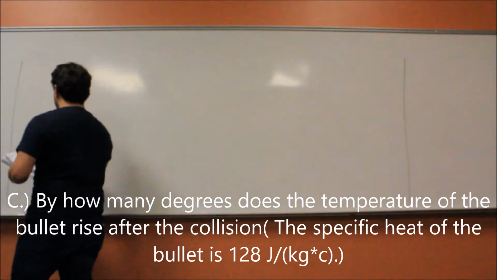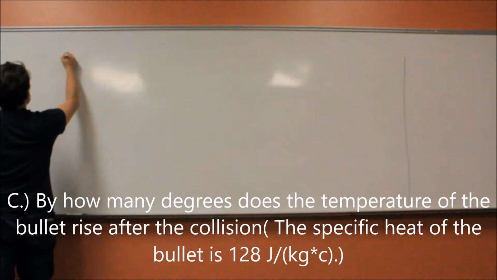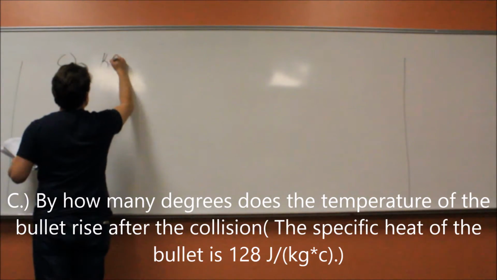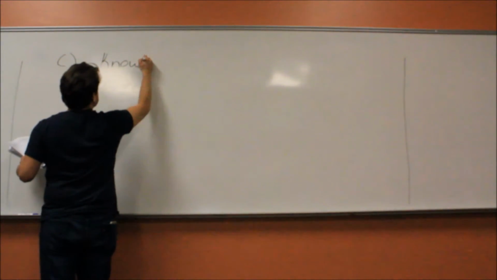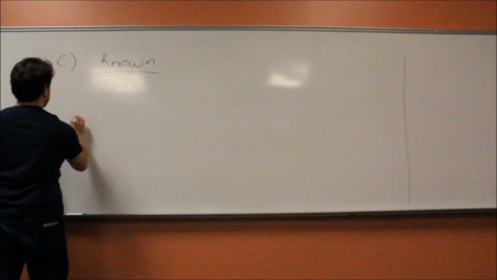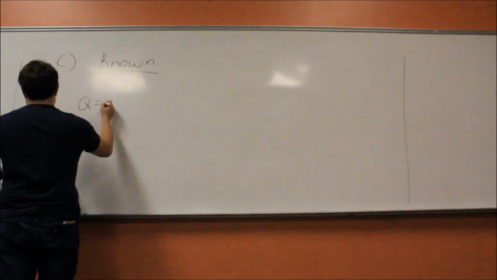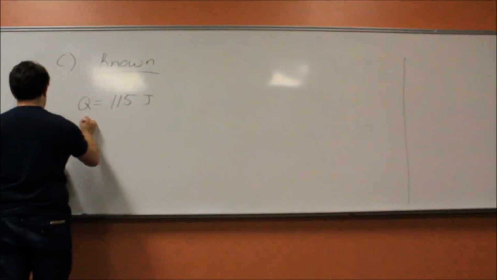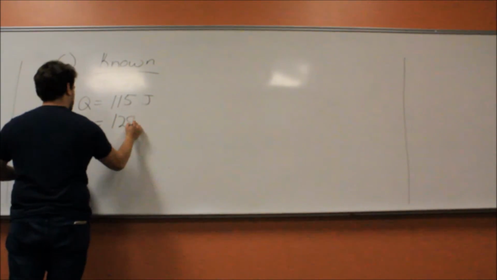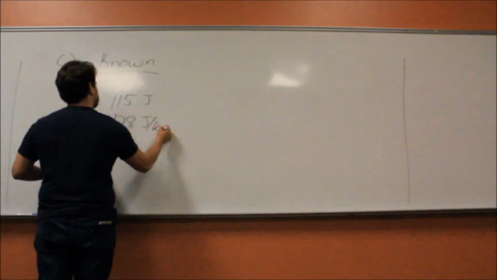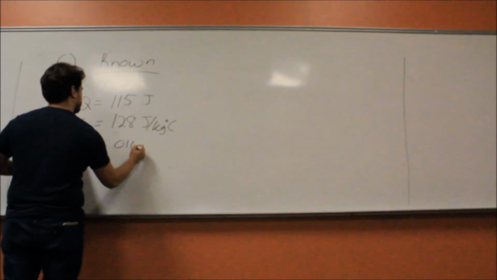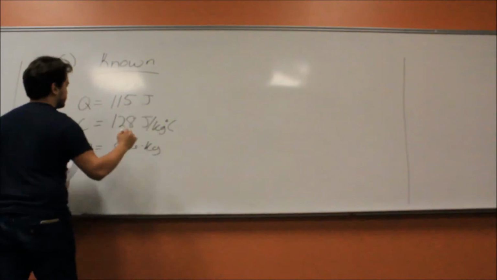By how many degrees does the temperature of the bullet rise after the collision? The specific heat of the bullet is 128 joules over kilograms Celsius. Known: Q equals 115 joules, C equals 128 joules over kilograms Celsius, and our mass is 0.016 kilograms. We are going to find change in temperature.